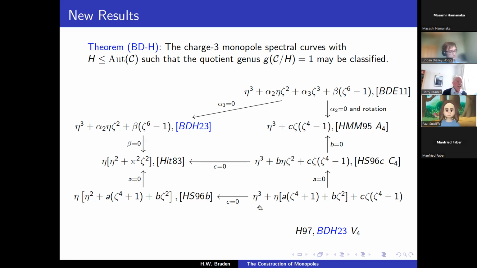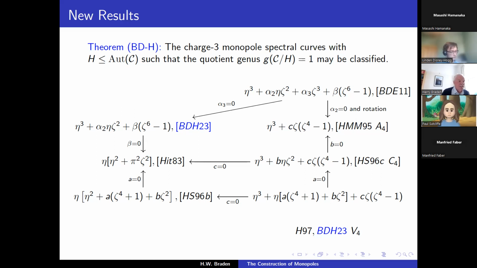So they're all related. This is the tetrahedrally symmetric monopole of Hitchin, Manton, and Murray. This will be one of the C4 symmetric. This will be the C4 symmetric class of monopoles that Houghton and Sutcliffe gave, and these are others that we've seen. This curve up here will correspond to a new class of monopoles that weren't thought to exist, and down here I've got some V4 symmetric monopoles.